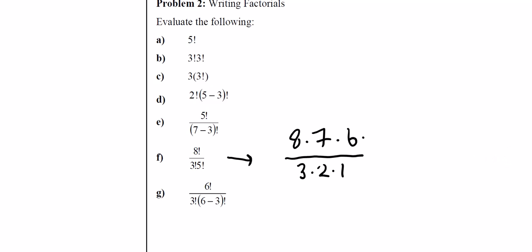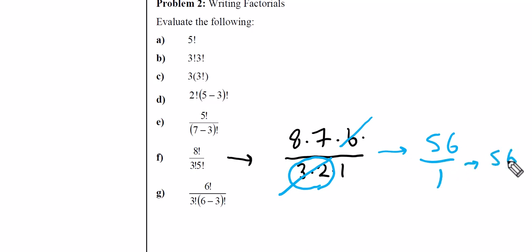For those of you that are more capable, notice that 3 times 2 is 6. And there's a 6 up here. So this can cancel this out. 8 times 7 is 56 over 1, which is 56. Can we do that? Yeah, I just did.